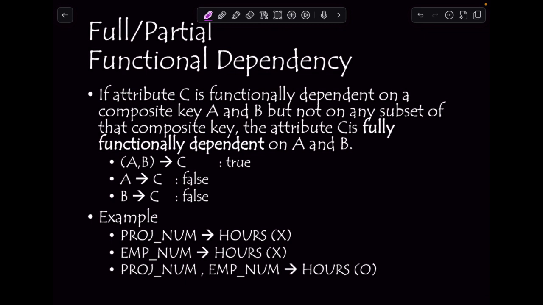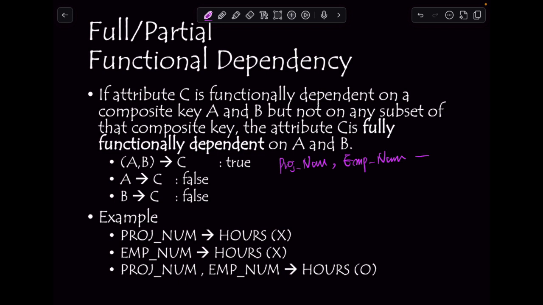Suppose we have project number and employee number together as a determinant. Actually, I use this example because these two are kind of a composite primary key that I'm going to mention later.